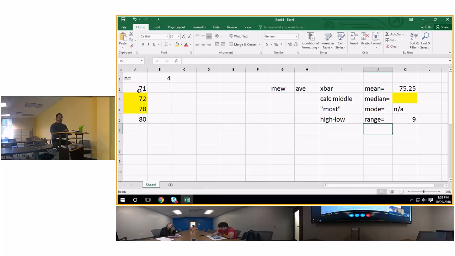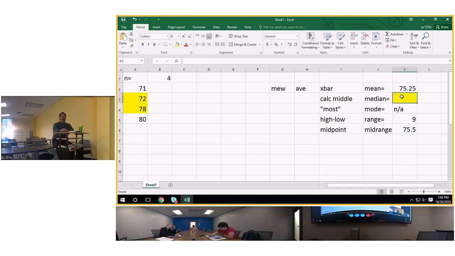And then the mid-range. The mid-range is the same as the midpoint. I'm going to put midpoint out here because they mean basically the same thing. Equals the highest plus the lowest divided by 2. So it's kind of like what you did with the median, only you take the highest plus the lowest.